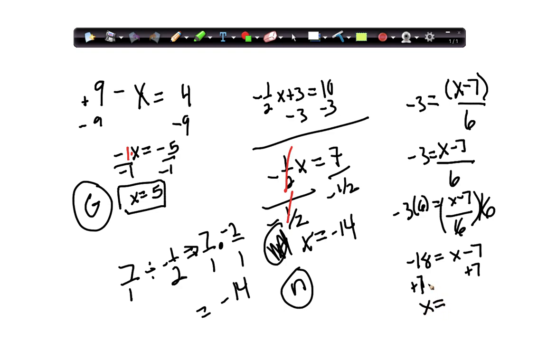And the difference between 18 and 7 is 11, and there's more negative. So we're going to write down for the k, we're going to look for a negative 11. So we're going to look for a 5, a negative 14, and a negative 11.